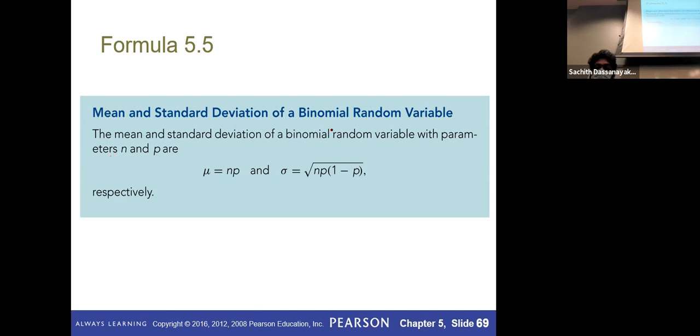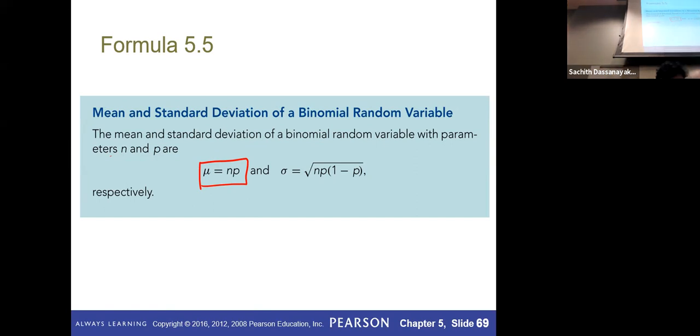n means the number of Bernoulli trials. p means success probability. You know what p, n, x mean, they have the same meaning. So the mean is n times p. Here the mean is mu, because the distribution mean equals the population mean, same as the standard deviation.